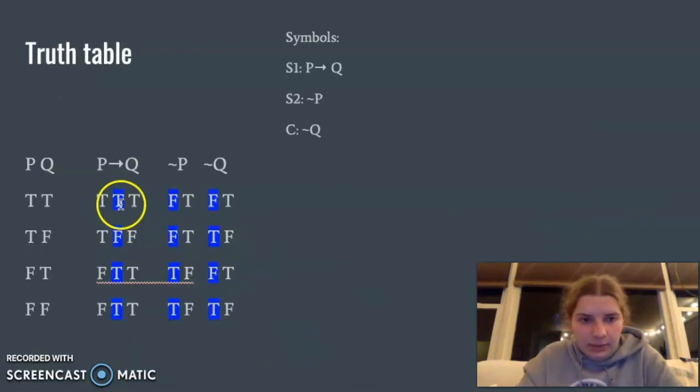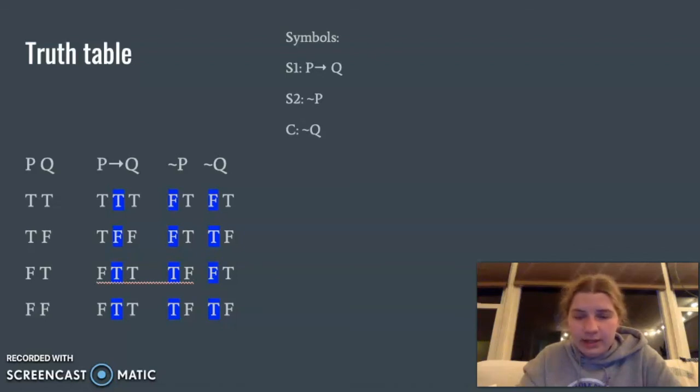Let's look. True, false, false, that's okay. False, false, true, that's okay. And then row 3, we run into an issue. We see true, true, false, meaning this argument is not valid.